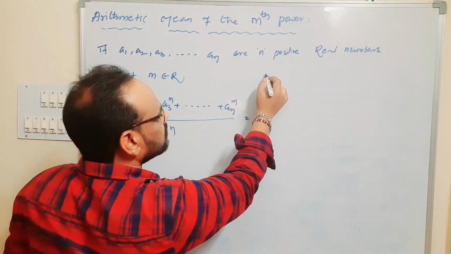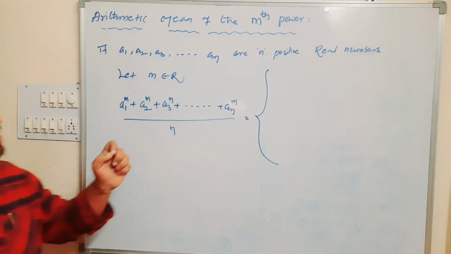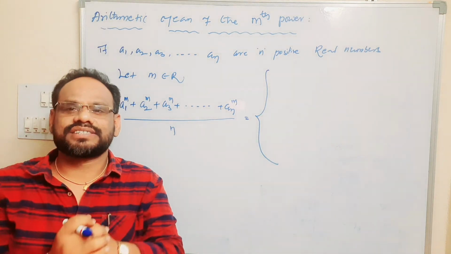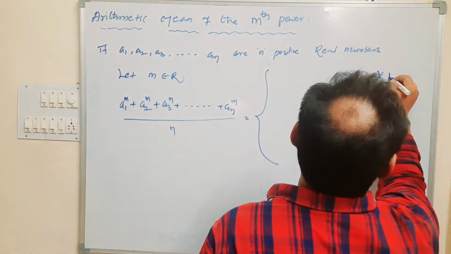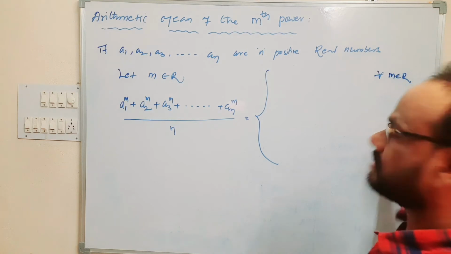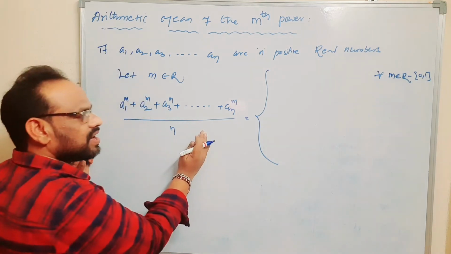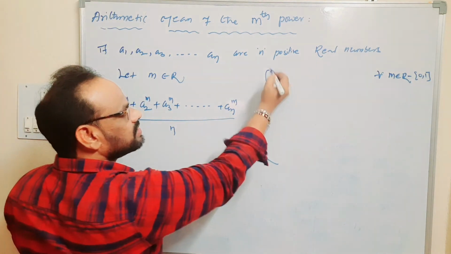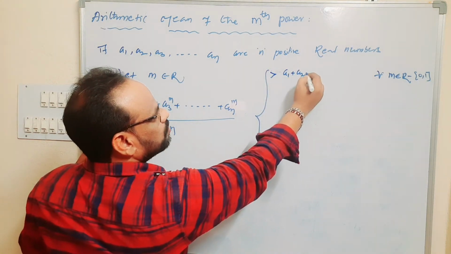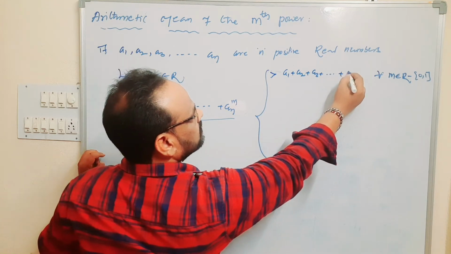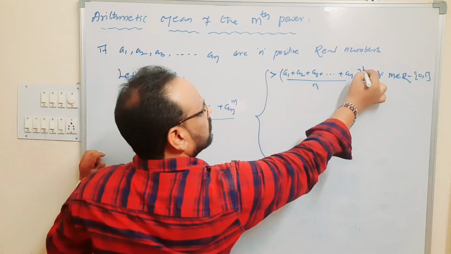How to calculate it? Observe here, if m belongs to any real numbers except the closed interval 0 comma 1, for all m belonging to real numbers except the closed interval 0 comma 1, this value is always greater than a1 plus a2 plus a3 plus and so on plus an by n, whole to the power m.